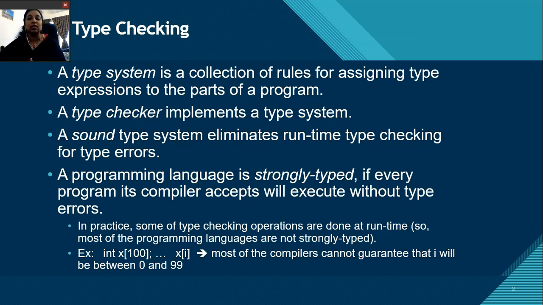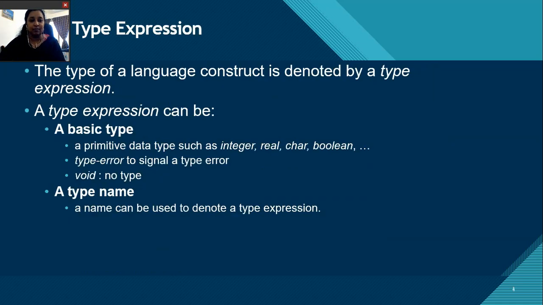If that is so, then the programming language is said to be strongly typed. But normally that doesn't happen because we go for generic types and get the input online during runtime, so you'll have a lot of errors which have to be reported during your execution time.